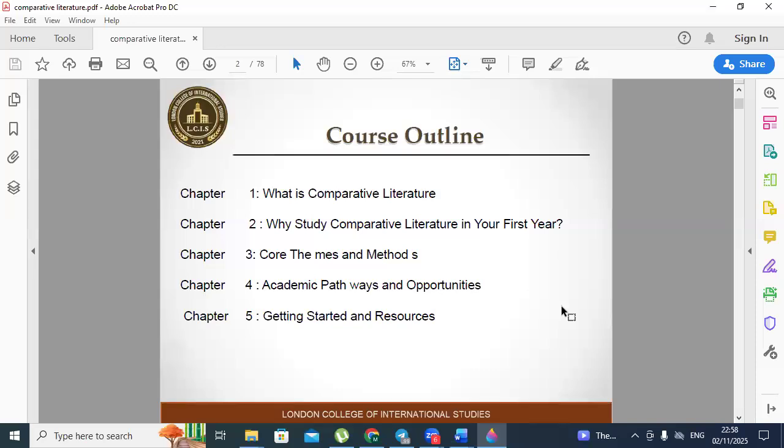From there, we move into the practical how with core themes and methods, before looking at the long term outcomes and academic pathways. Finally, we end with the actionable steps in getting started. This logical flow from theory to practice is designed to build your understanding step by step.